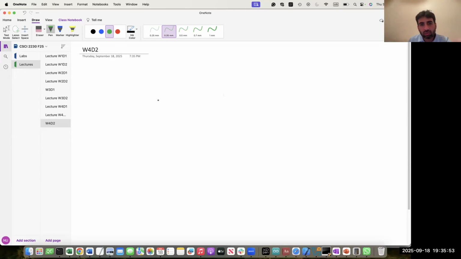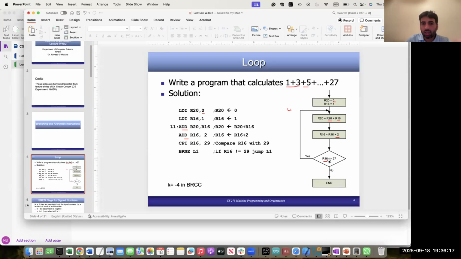Because we want to add up to 27, we can say that until it becomes equal to 29, keep looping. And once it is equal to 29, then don't go back into the loop, right?